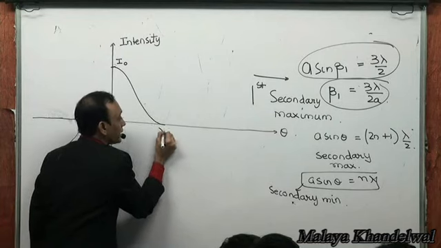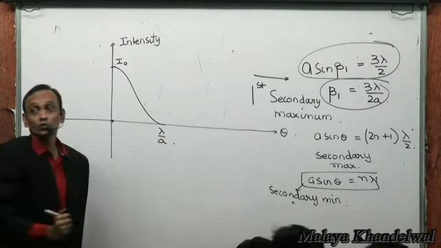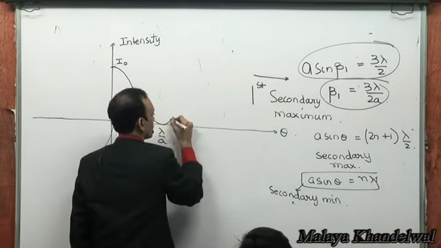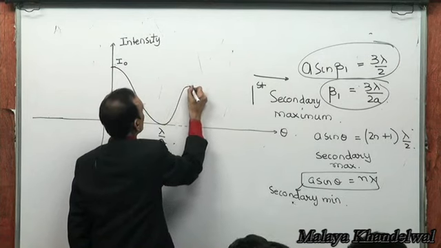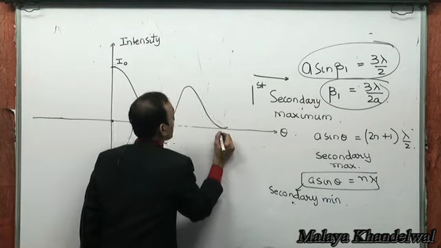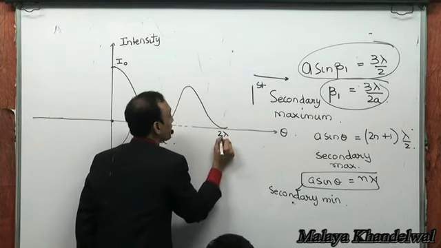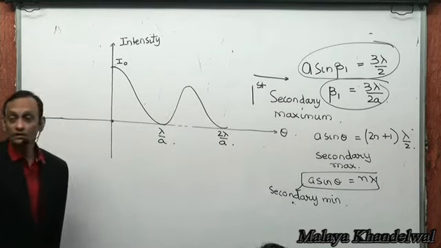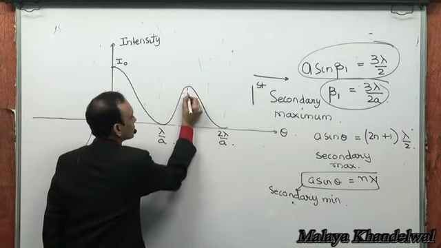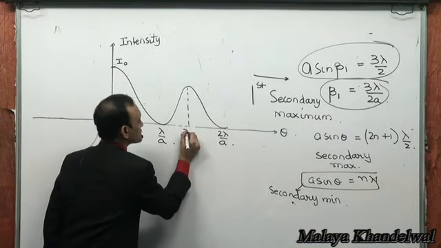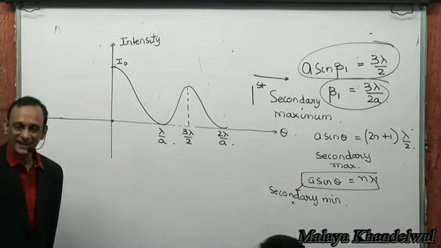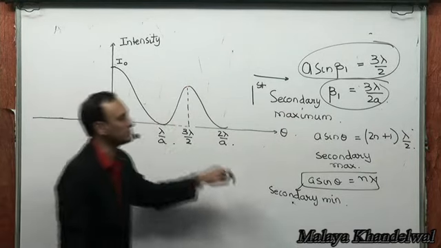At theta equal to lambda by A, first secondary minimum, at theta equal to 2 lambda by A, second secondary minimum. This is 3 lambda by 2A, first secondary maximum.